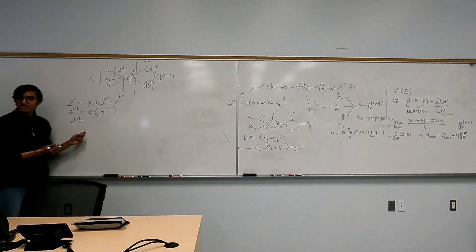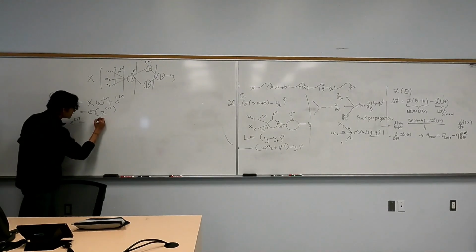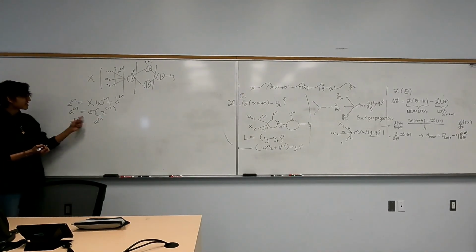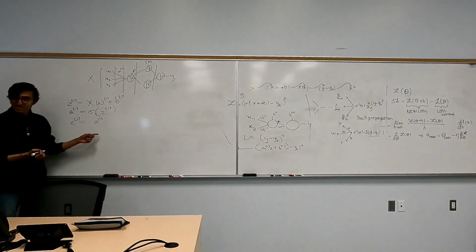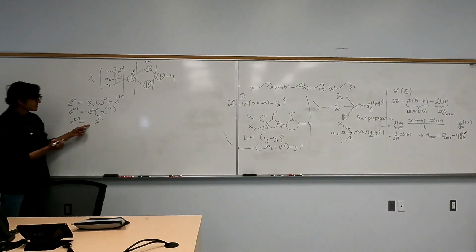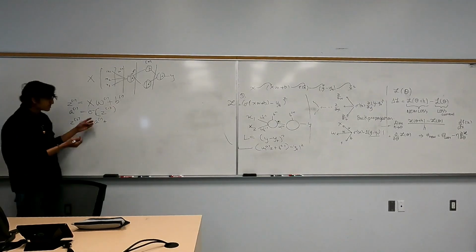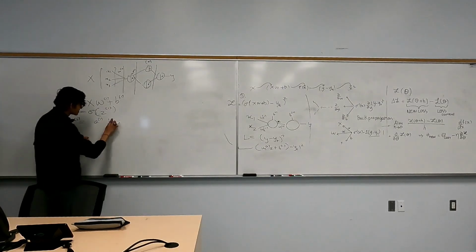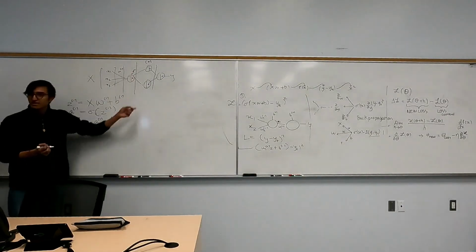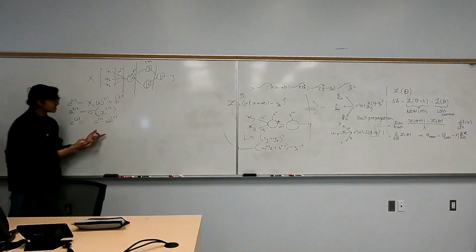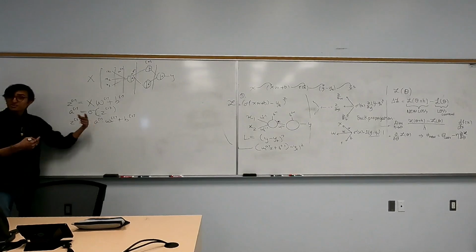So the input is A1. Great. A1 times the weights of the second layer, considering all the weights for the layer, plus the bias of the second layer. Then that goes into an activation function.